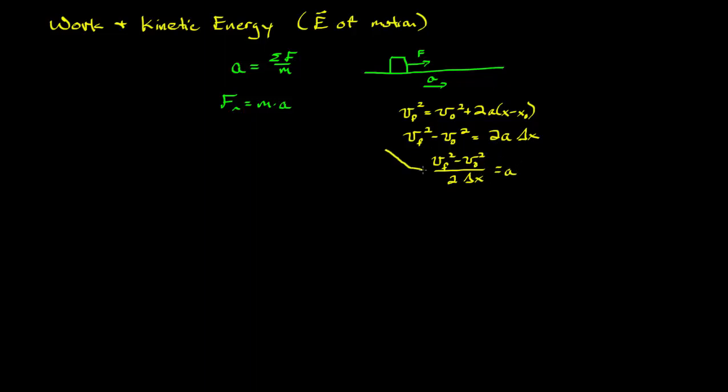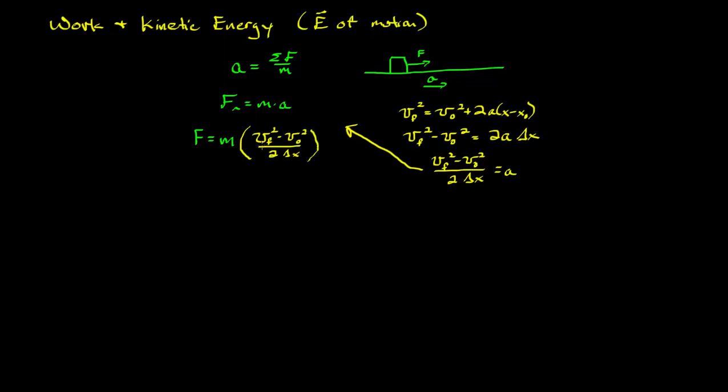Now we'll take this and plug it into Newton's second. So force is going to be equal to mass times Vf squared minus V naught squared over 2 delta x.